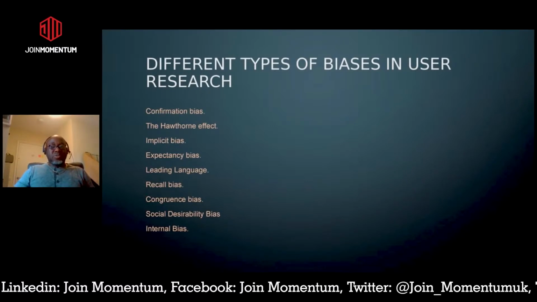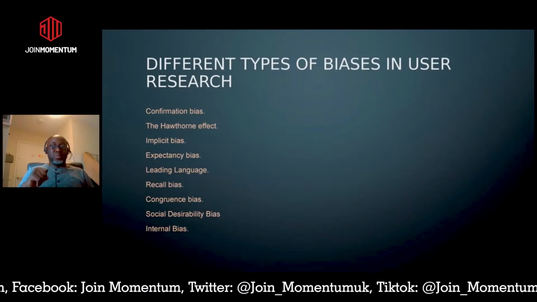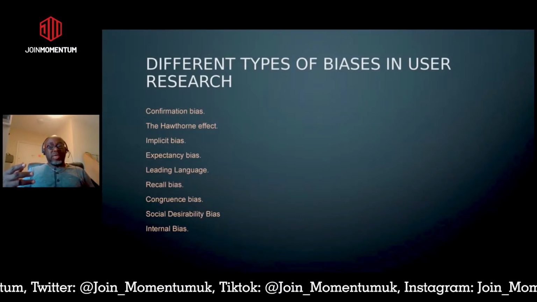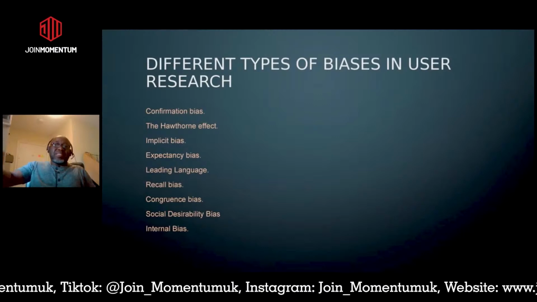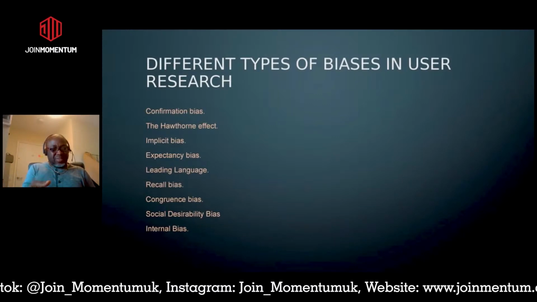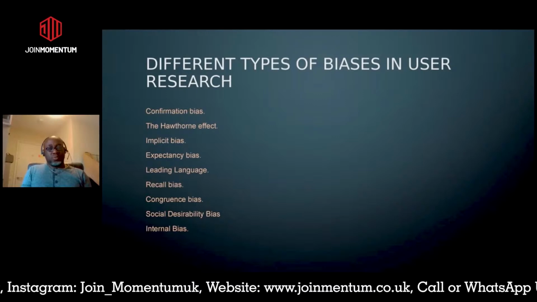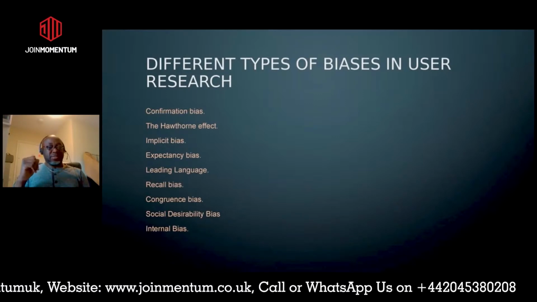So they keep pressing the green button. However, in real life, they probably wouldn't even press the green button. Because they're aware that you're there, they wonder what the researcher would be expecting from them. So they're trying to do what they think you want them to do rather than what they would do. All these are forms of unconscious biases.